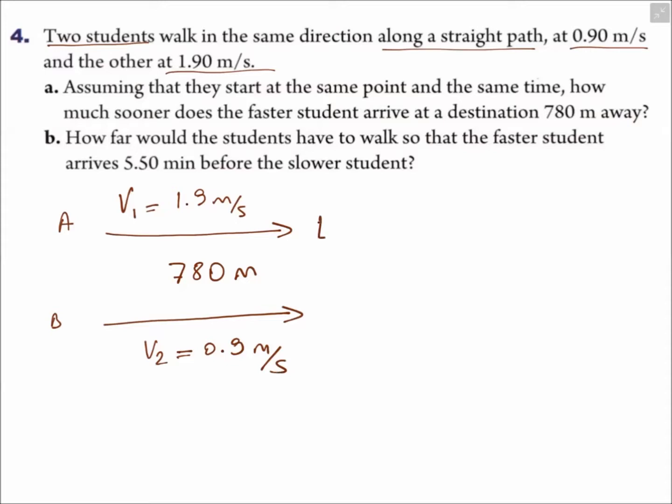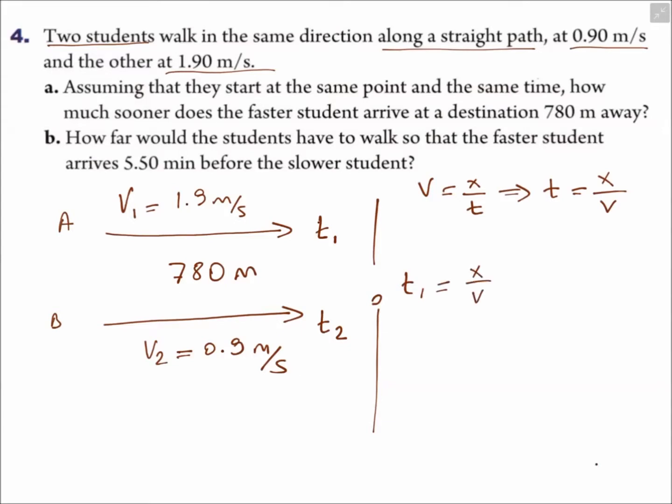For the first one, I'm going to say t1, the slow one is going to be t2. And the formula v equals x over t, from this t equals x over v, and t1 will be x over v1.